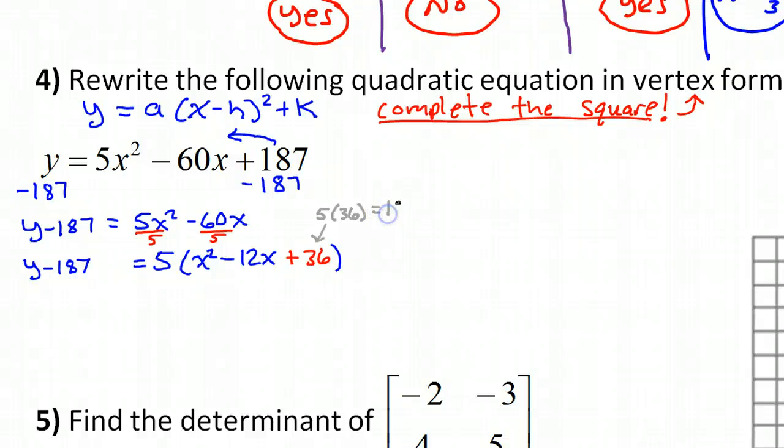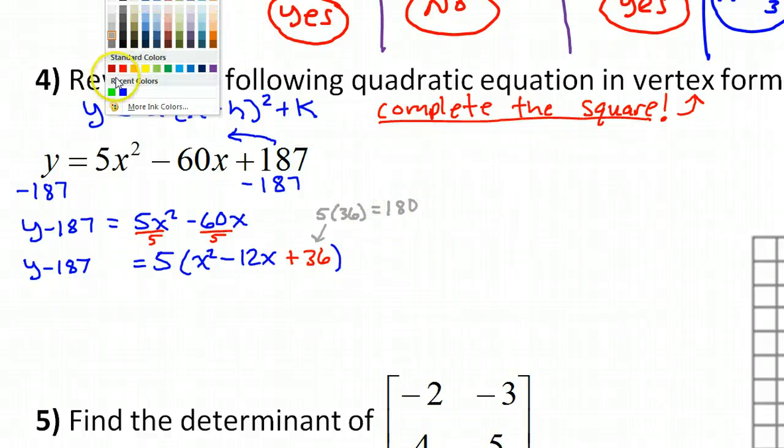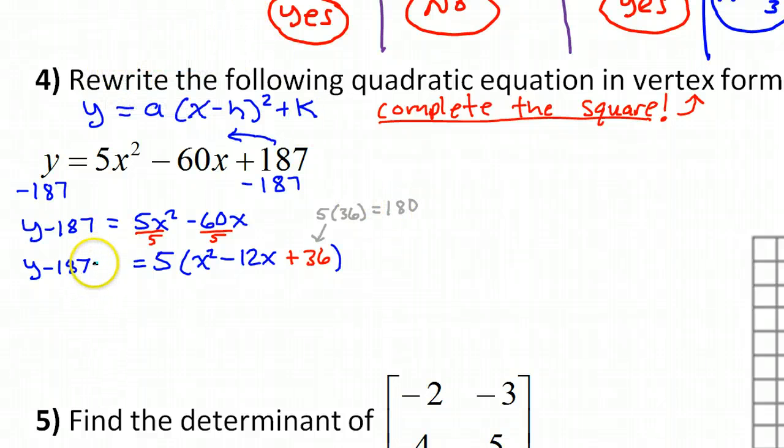So instead of adding 36 to the other side, I'm going to add 180 for this reason. You have to multiply by this, and that's what you put over here.